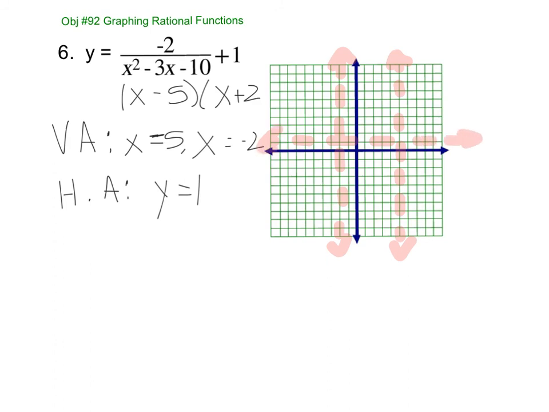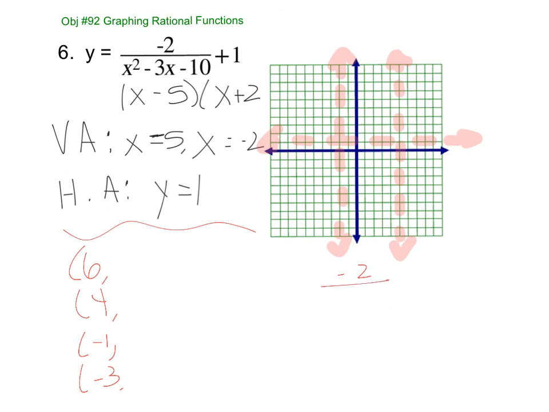All right, so now I'm going to plug in numbers around each of the asymptotes to figure out where this curve is going to be. So I'm going to start with 6. We're going to do 6. We're going to do 4. That's either side of the 5. And then I'm going to do -1 and -3. So those are my 4 points I'm plugging in.